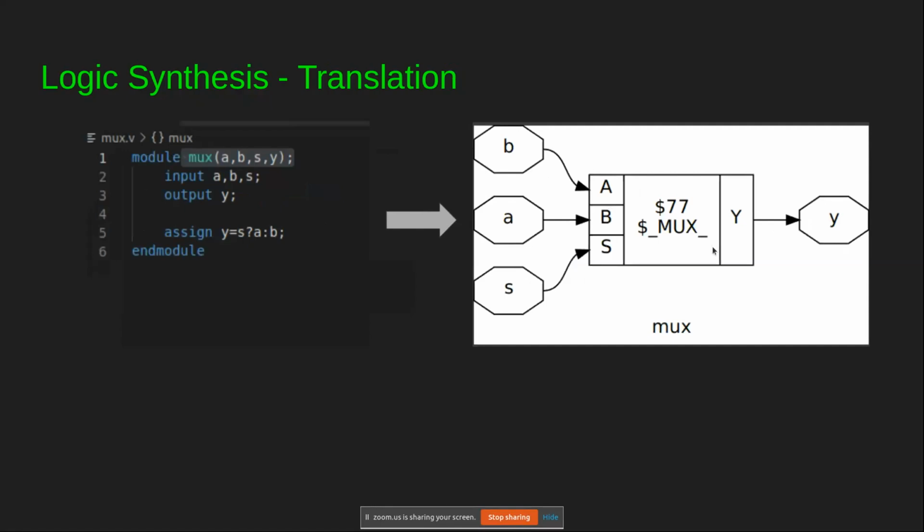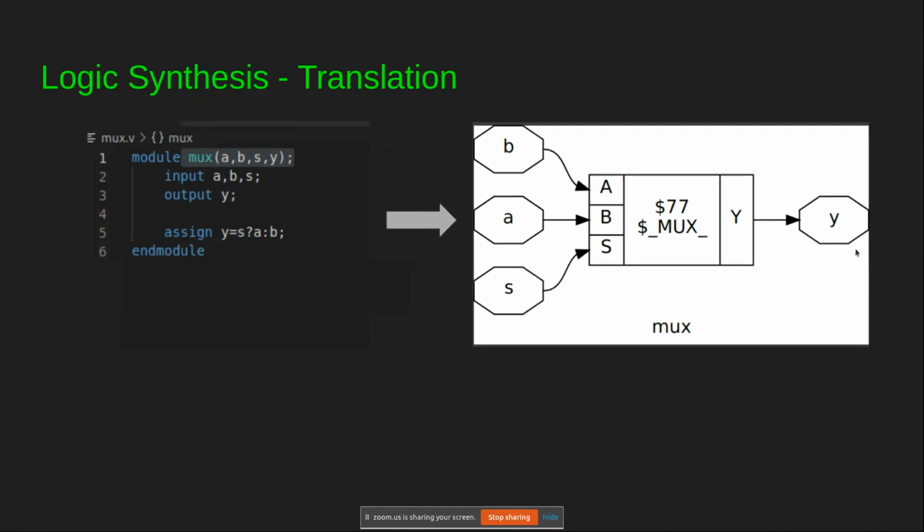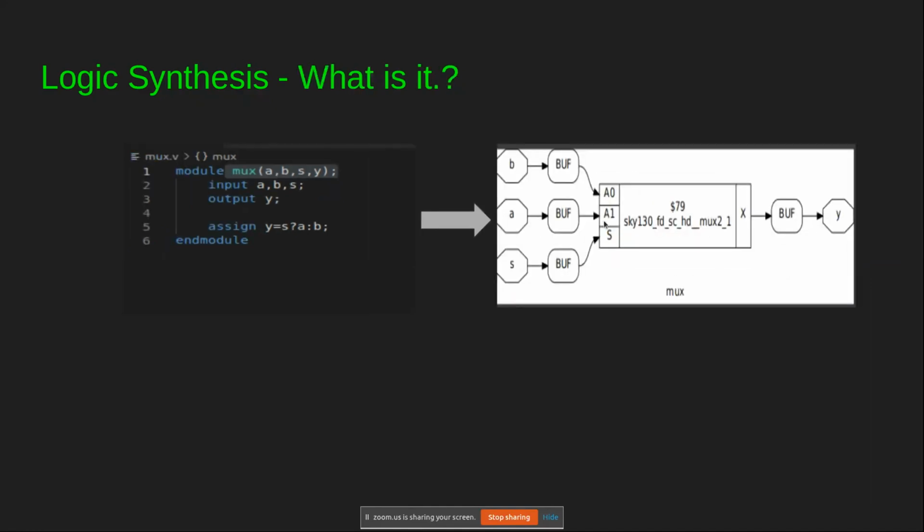Synthesis can be further divided into three steps broadly. The first one is translation. Here, the high-level behavioral code is converted to its corresponding logical gates or flops. These two are different. If you can see here, this is a generic mux, and this is the mux actually mapped to a standard cell library cell.